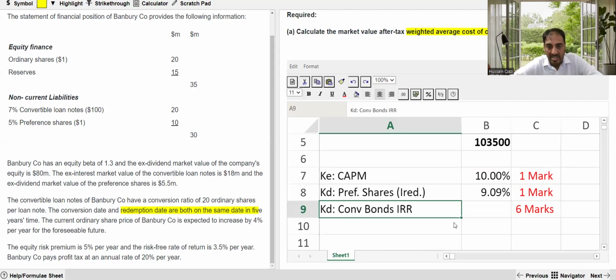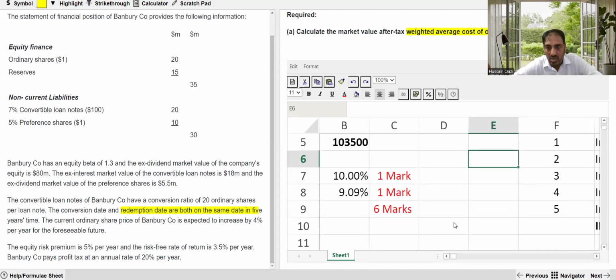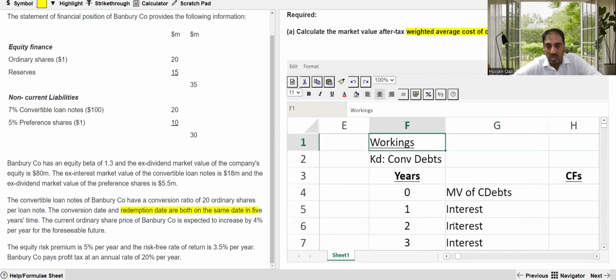Okay, let's start the convertible bonds. So convertible bonds, you need to make a working. KD convertible debts. Some structure I've already prepared to save the time. So for KD, you have to develop a structure in a manner like if investor buy this convertible debts, so buy now, that means at a zero.